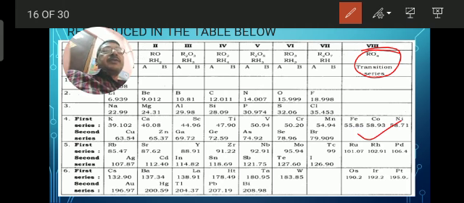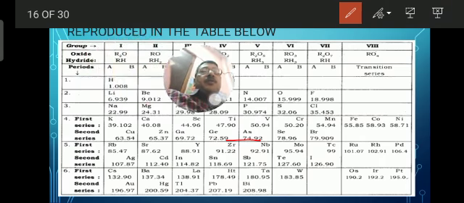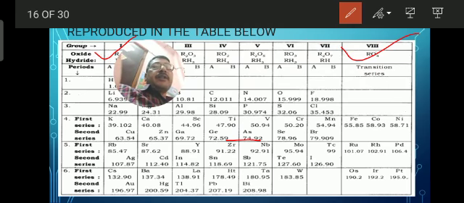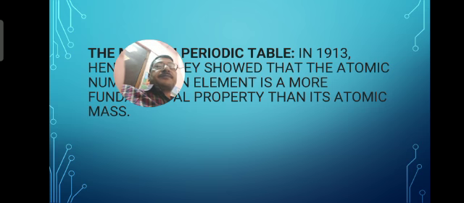Understand, students? So this is why he has kept the elements in such a manner, because they were following the general formula as given in the periodic table from group number 1 to group number 8. Everything is visible here. So this is about Mendeleev's periodic classification, or you can say periodic table.